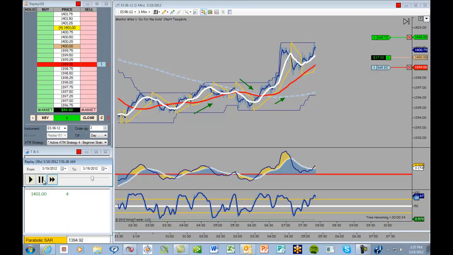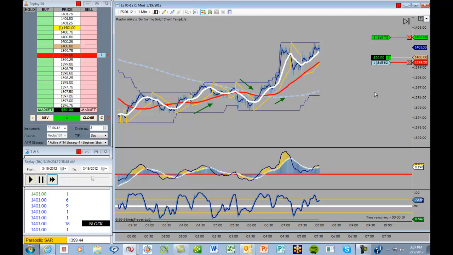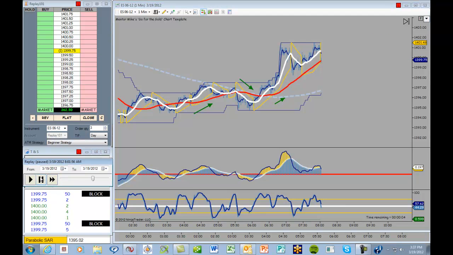Looks like we're going to fall a little short of that second target, unfortunately. We got a double top here. Whoop.